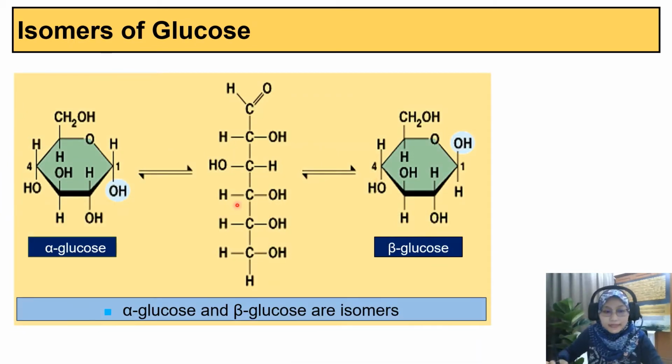The main monosaccharide in human body is glucose, and glucose can exist in 2 different forms which known as isomer. Do you know what is isomer? Isomer is when the molecule have the same molecular formula but with different molecular structure.